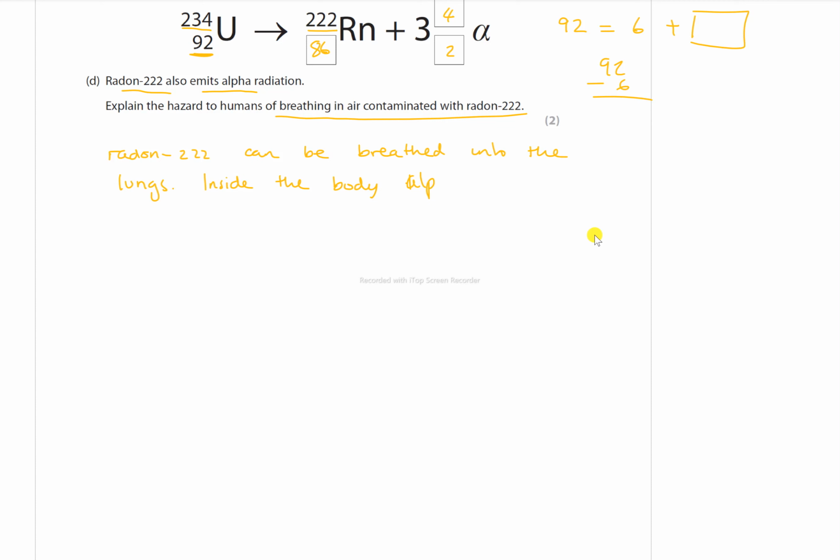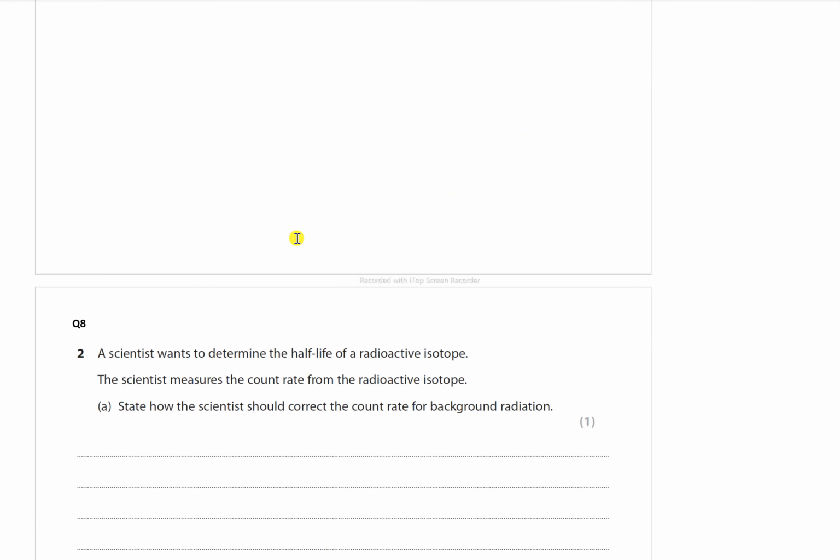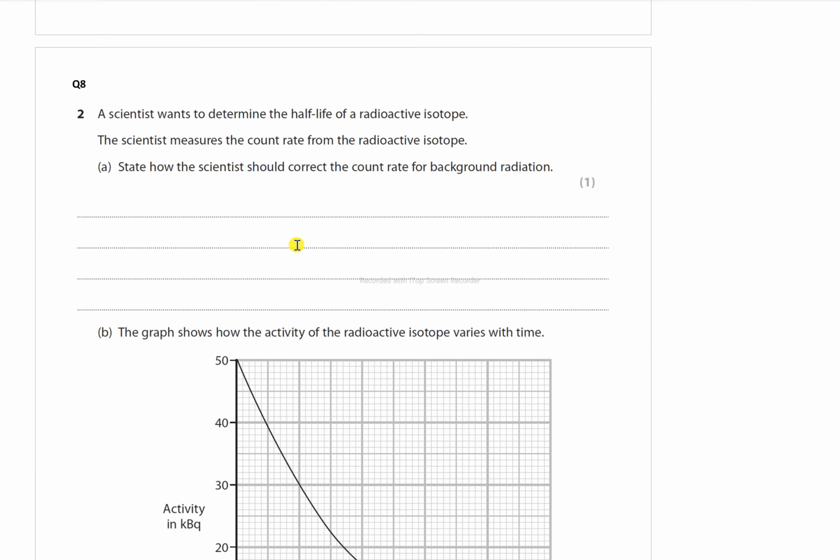Alpha particles are ionizing and can cause cancer. Because you can breathe it in and it's highly ionizing, it can cause damage to your lungs and cause cancer. That's it. 7 minutes. Okay, let's keep going.